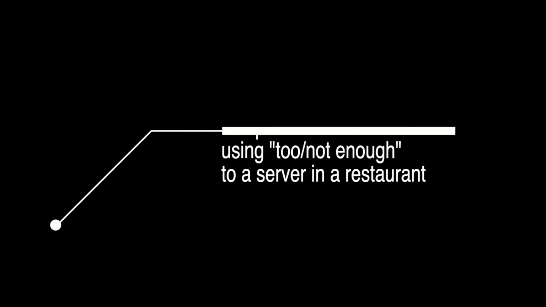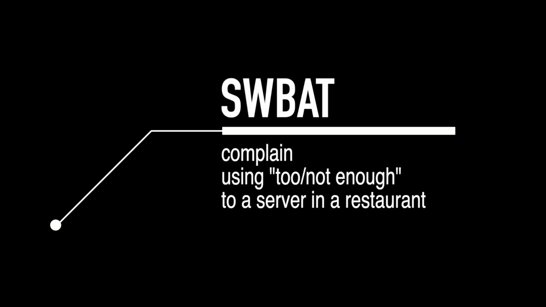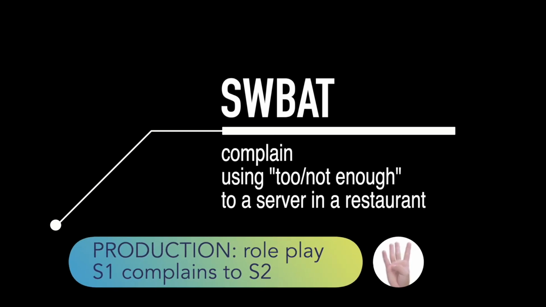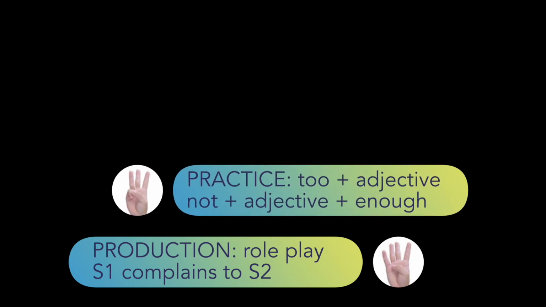So, dear viewer, how this helps us when we're planning backwards is, if we know this is what they will leave being able to do, then we know, okay, so the production part is going to be a role play with one student being a customer complaining to another student who is the server. Therefore, we know the practice stage is going to be practicing too with adjectives and not enough with adjectives.